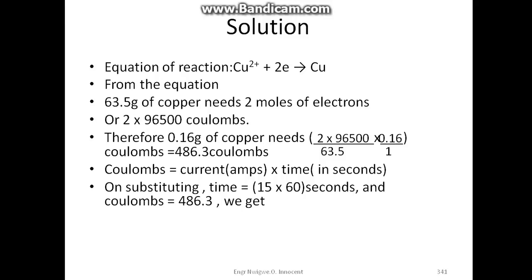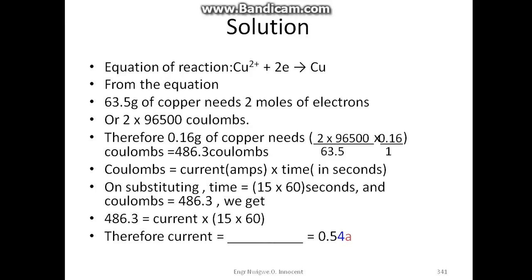We now get 486.3 is equal to current times 15 times 60, making the current the subject of the formula. Therefore, current will now be 486.3 divided by 15 times 60, which will give us 0.54 amps.